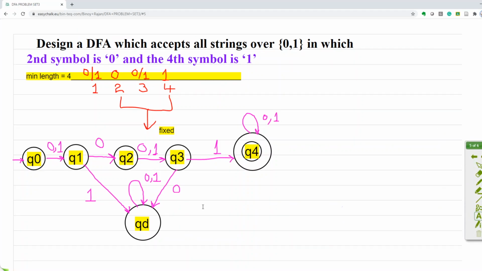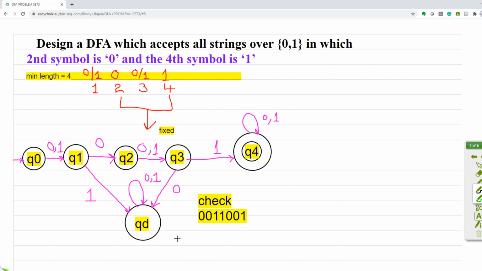So let the string be 0 0 1 1 0 0 1. Starting at Q0, with 0 I'm moving to Q1 state, and Q1 with 0, I reach Q2.